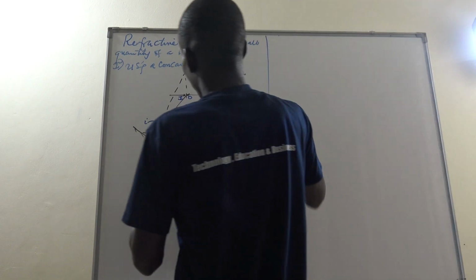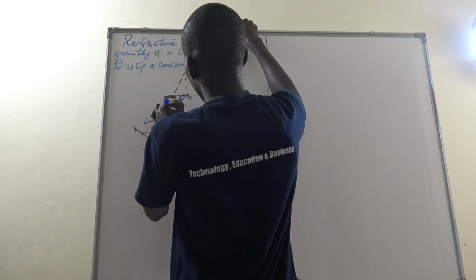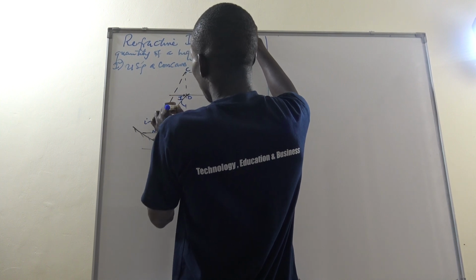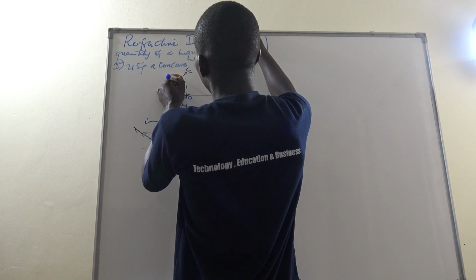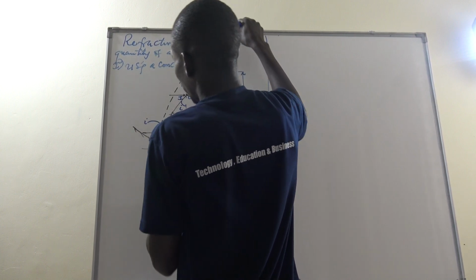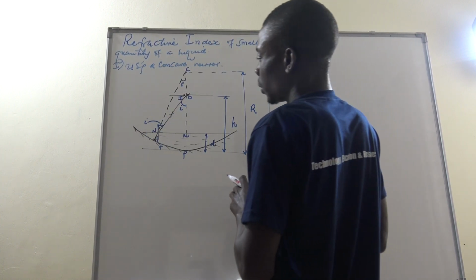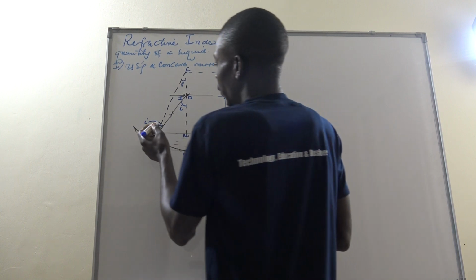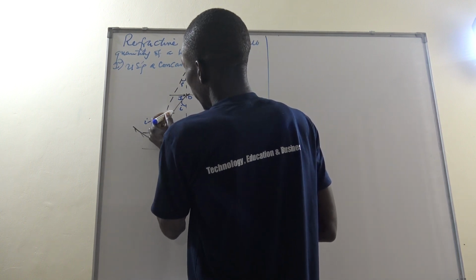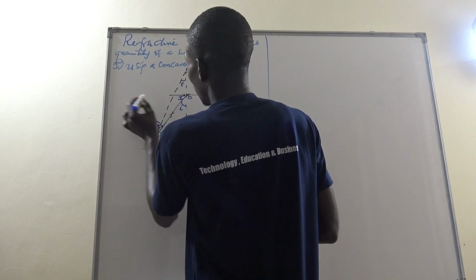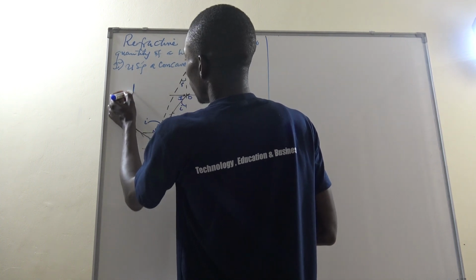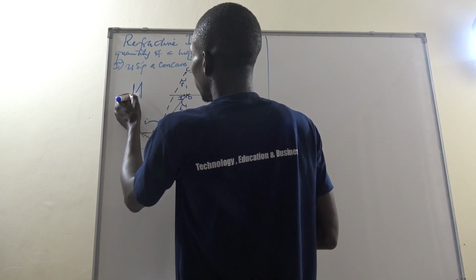to derive the expression. So this angle here will be equivalent to I, and this angle here will be equivalent to R. If you look at it properly, if this is I, the angle of incidence to this point, this is also the same.